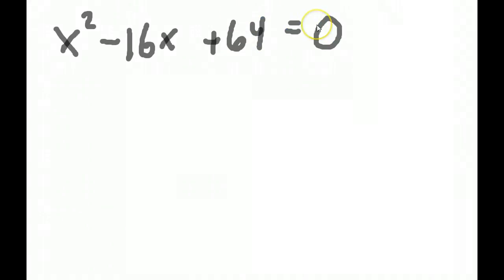Can you read that again? Absolutely. X squared minus 16x plus 64 equals 0. So now, since we have just a plain old x squared, we don't have a number in front of it, what do we know about a problem like this?